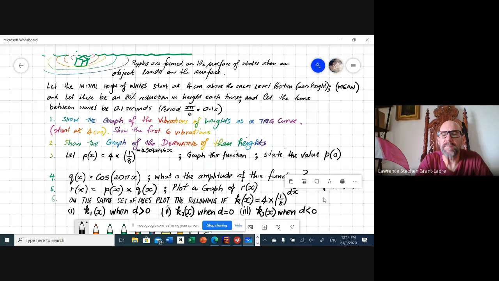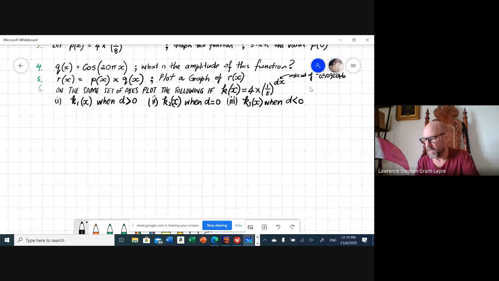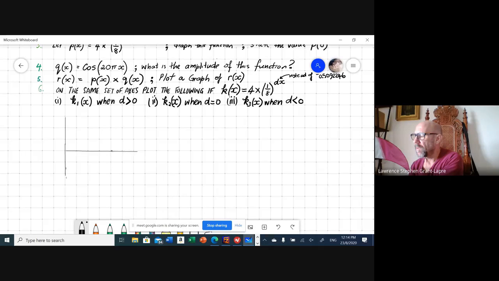I can move this up. All right. So let's draw a y-axis. Now I'm going to let every 4 increment, if I've got enough room. I might not. All right, I might have to just let every 2 increments.